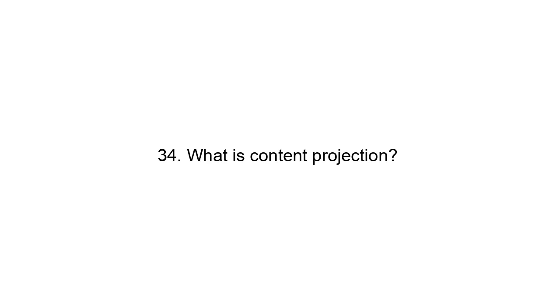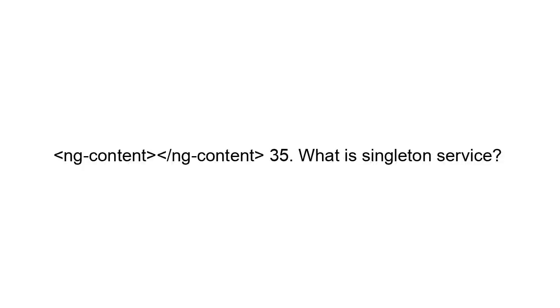What is content projection? Passing content into components. 35. What is singleton service? Single shared service instance. 36. What is provider? Registers dependency for injection. 37. What is injector? Creates and manages dependencies.